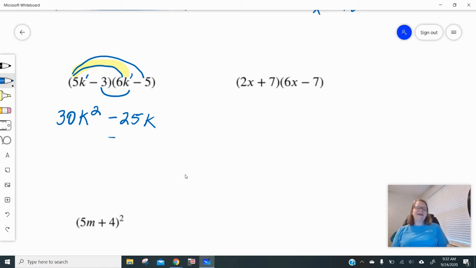Negative 18k is going to go here under the other k term. Okay. So negative 3 times negative 5, that's positive 15. And I'm putting it next because it's just a number. And this is a k squared term. These are k terms. And this is just a number. It's a constant. It doesn't have a variable. So it wouldn't combine with those.